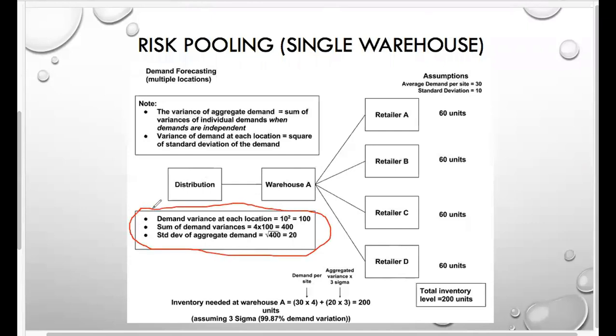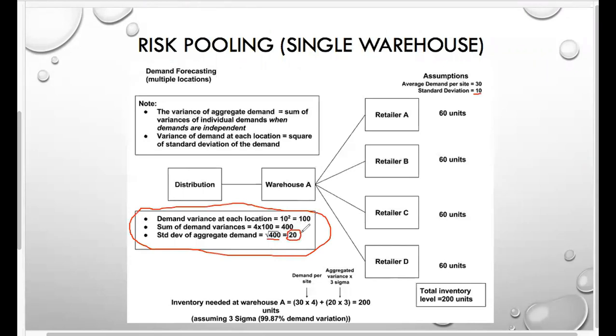You take the demand variance at each location. The demand variance at each location is 10. And you square it. Once you square it, you add all the demand variation up. So now we go 4 times 100, which is 400. At this point, we take the square root of 400, and that gives us 20.